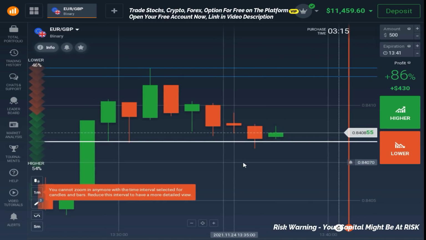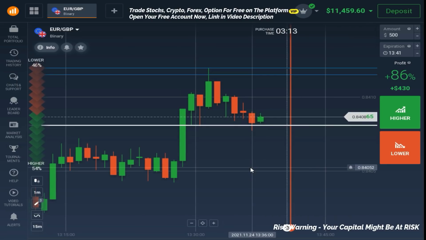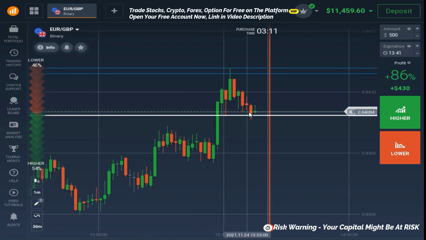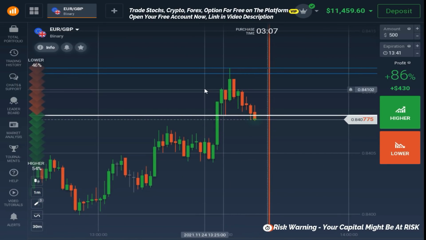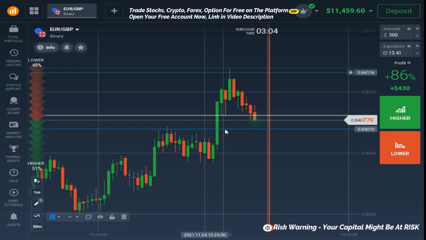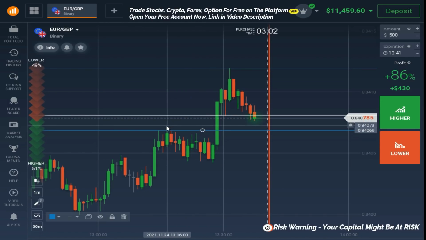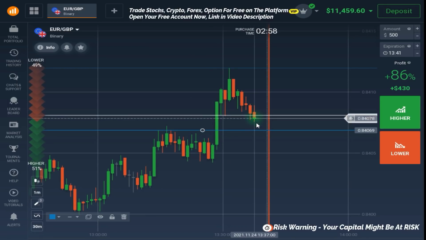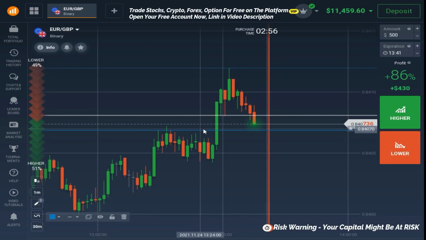So it might be the case that the market gives you some false breakout, and we didn't have enough room as well, because you can see that there is a support level at this level, and we didn't have enough room for the market to go on and on.